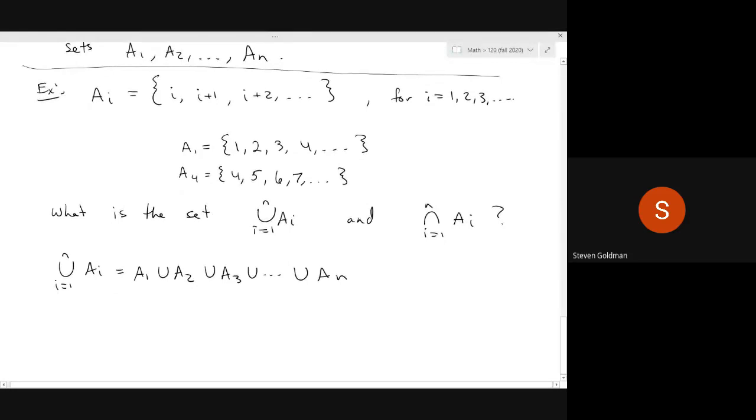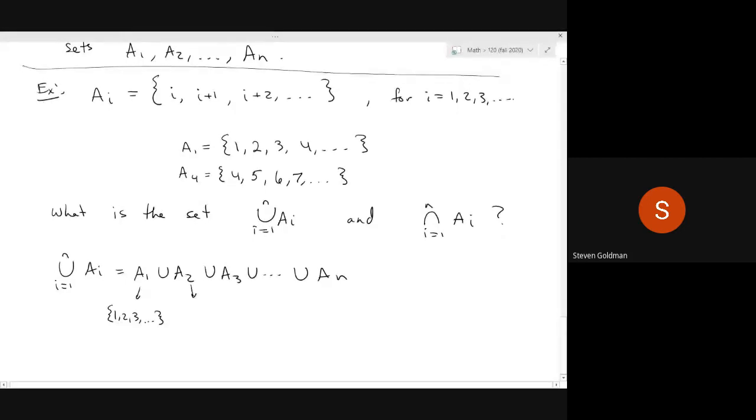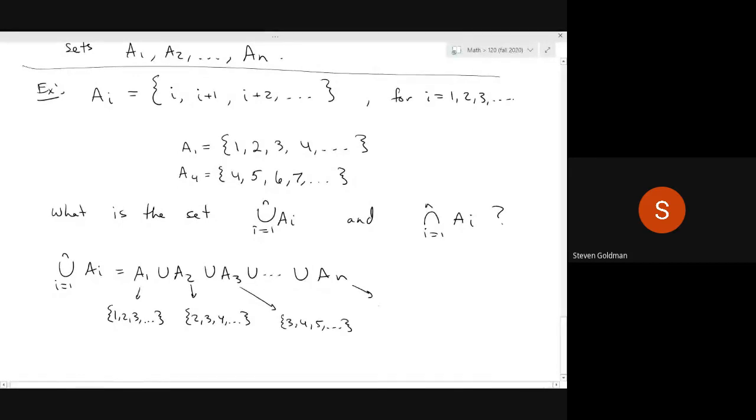A sub 1 is the set 1, 2, 3, etc. A sub 2 is the set 2, 3, 4, etc. A sub 3 is the set 3, 4, 5, etc. A sub n would be the set n plus 1, n plus 2, etc. So the union of all these sets will be equal to what?